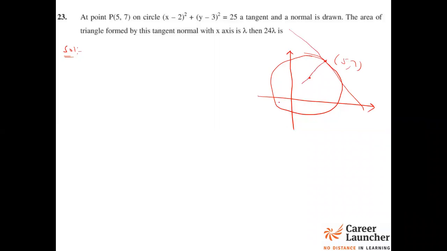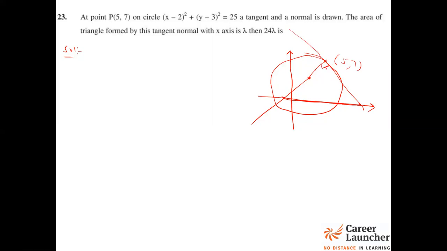The normal should pass through the center, right? We need to find the area of this triangle made by the tangent and normal with the x-axis. This forms a right angle triangle. You can use half base into height.